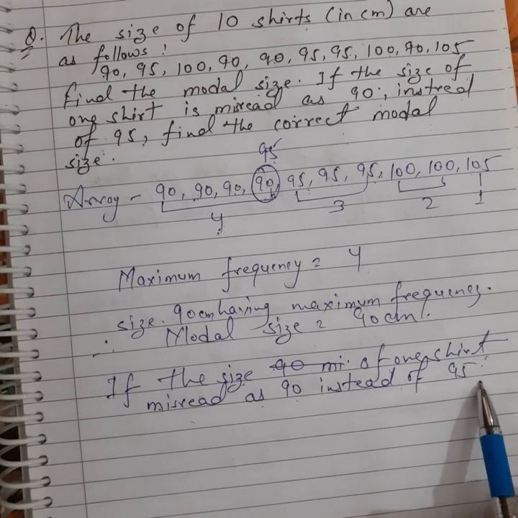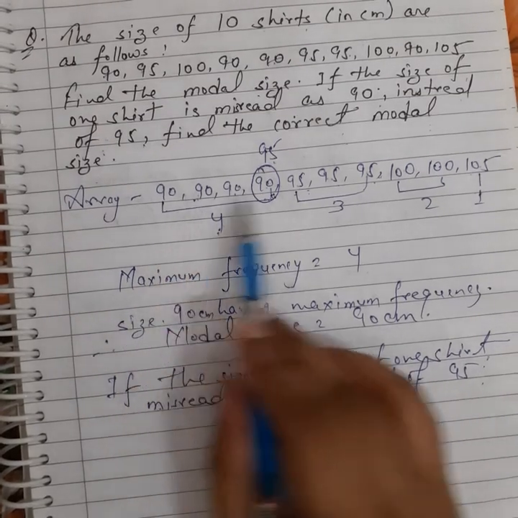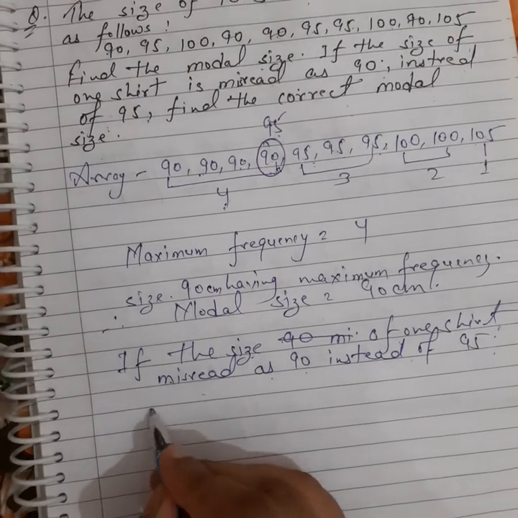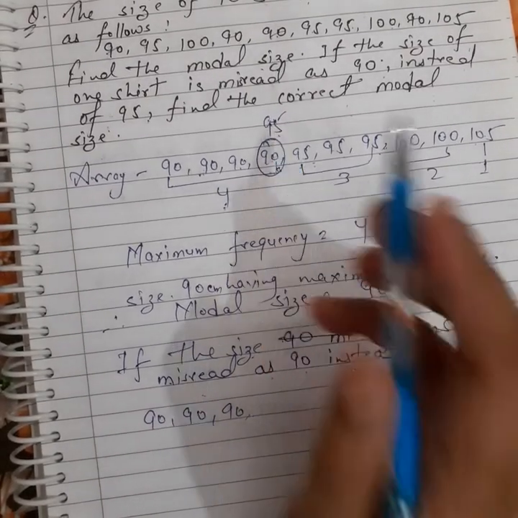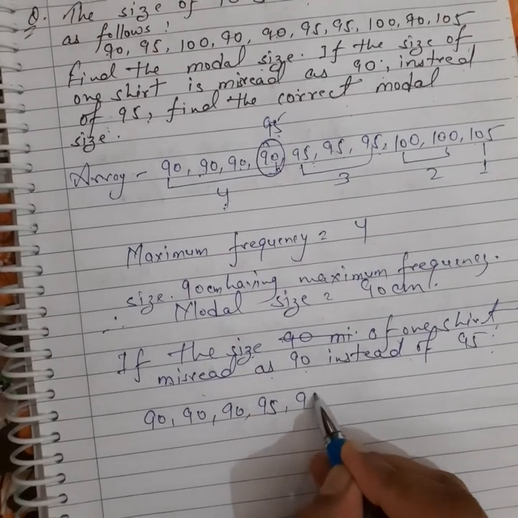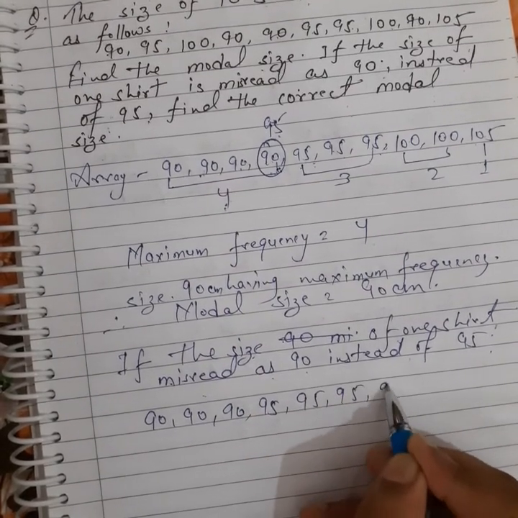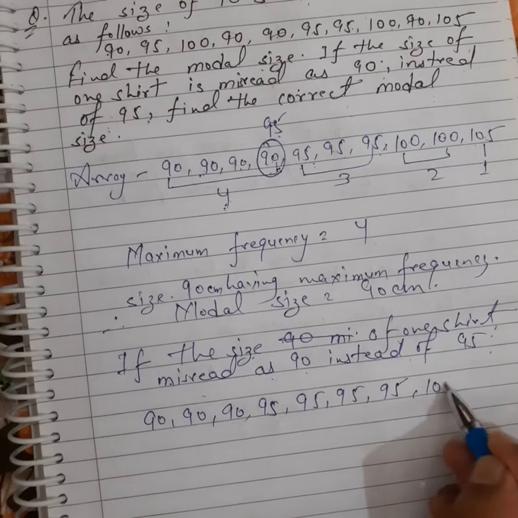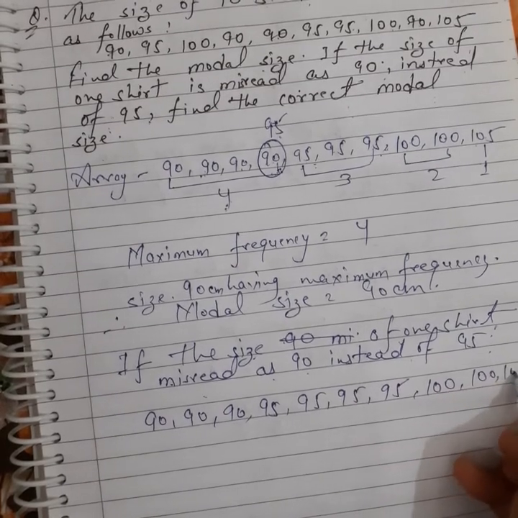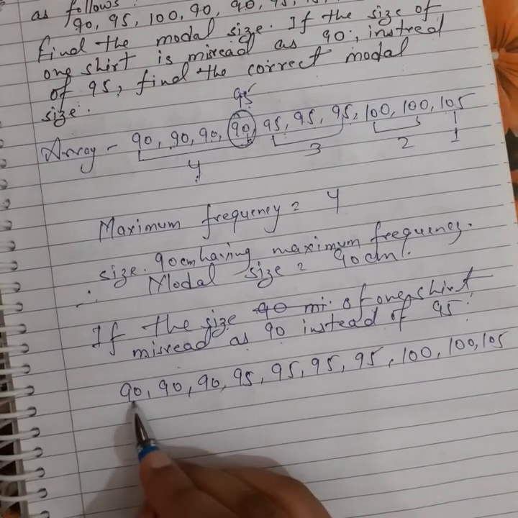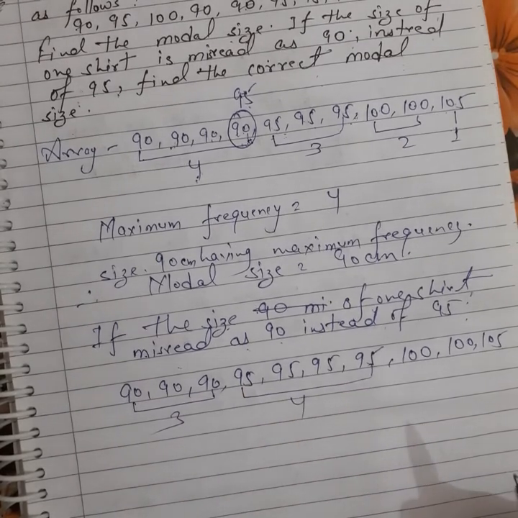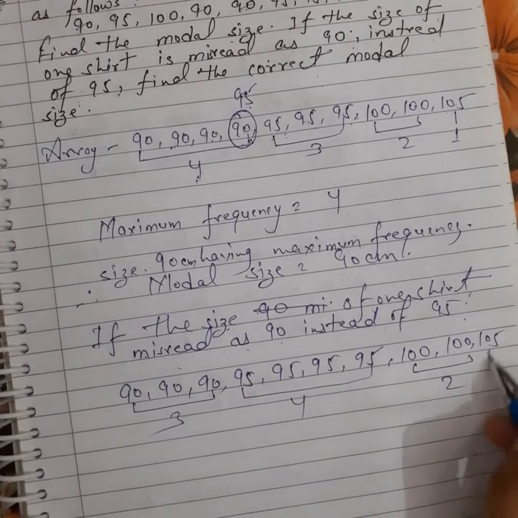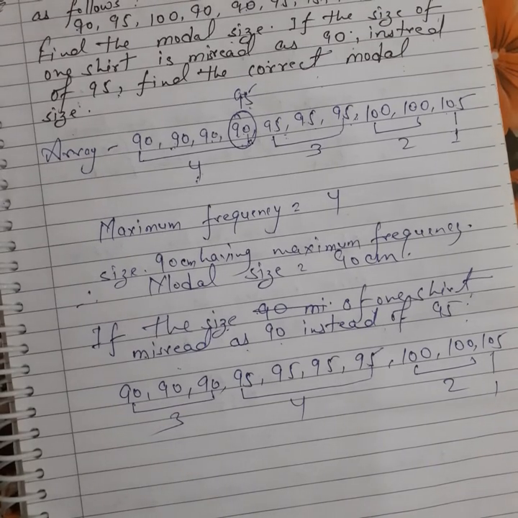Again we have to make the array: 90, 90, 90, and now this 90 becomes 95, so 95, 95, 95, and 100, 100, and 105. Now, frequency of 90 is 3, 95 has frequency 4, 100 has 2, and 105 has 1.